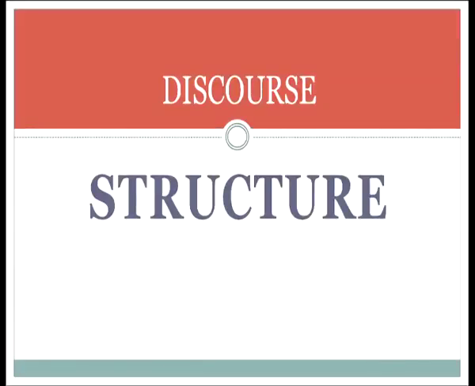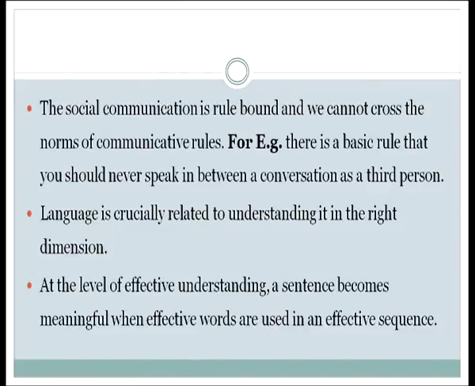And next we are going to talk about our last component, which is discourse structure. A particular language has a discourse structure. Discourse means the way we talk, the way we speak with one another. So what is a particular discourse structure? That is, how we are speaking with each other in a particular language. Now, social communication is rule bound, right?